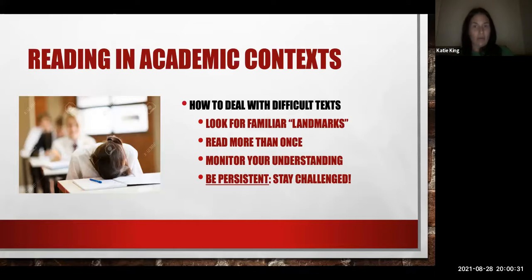Well, we look for those familiar landmarks. And I would say look for them after you've done at least one initial reading, because you will have sort of understood the layout of the text itself. You'll remember, oh yeah, in this section, this person talks about this, and over here they talk about this, and then this is why they come to this conclusion, right?